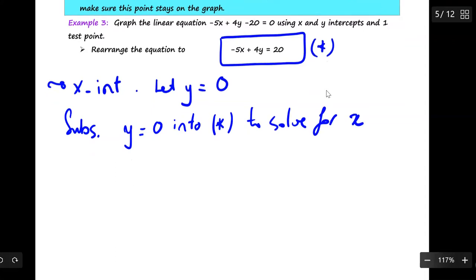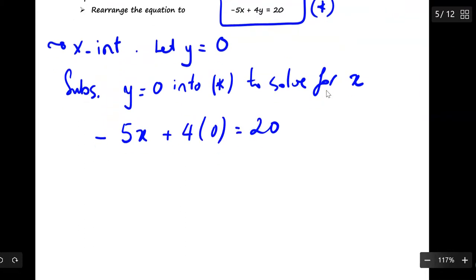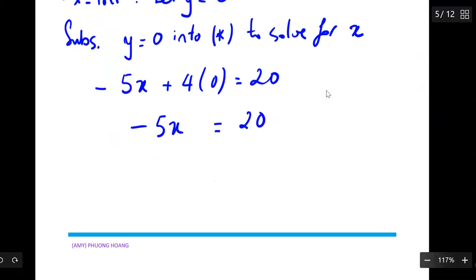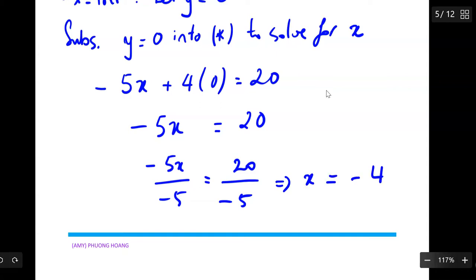So then I will have minus 5x here plus 4 times 0 equal to 20. Okay, 4 times 0 is 0, so I have negative 5x equal to 20. I divide this by negative 5 on both sides. So therefore, I will have x equal to negative 4.